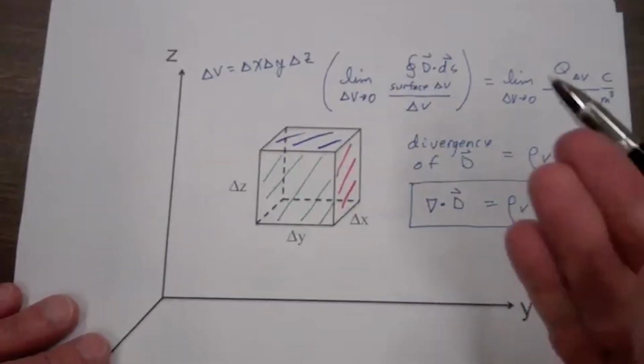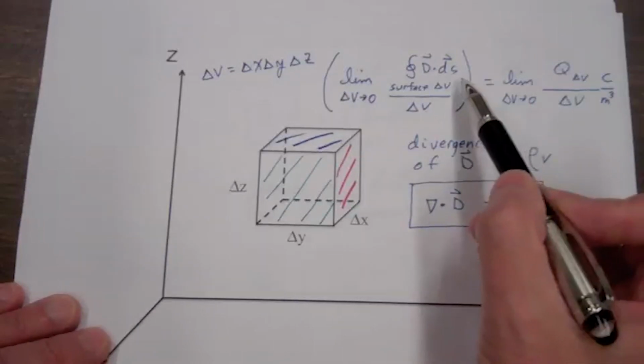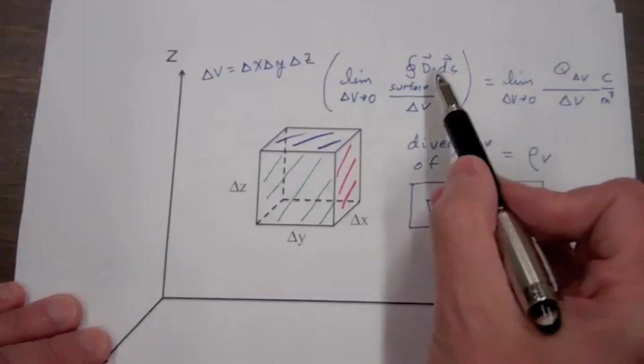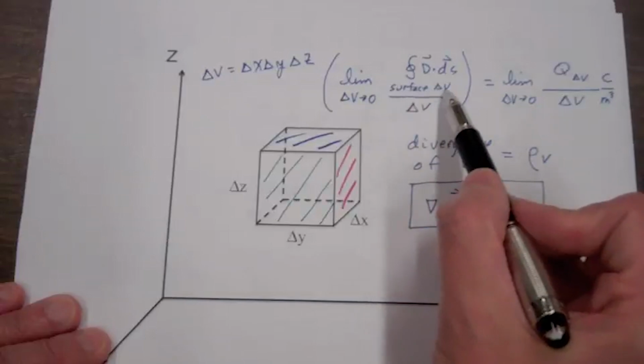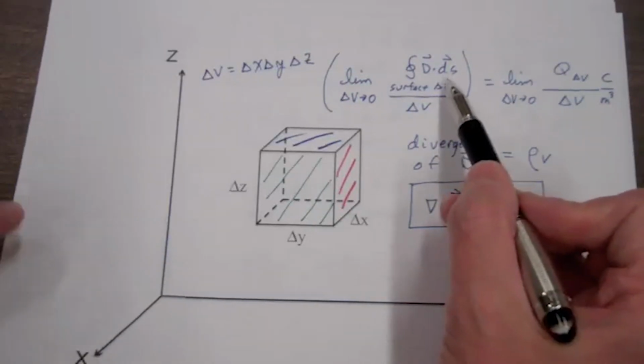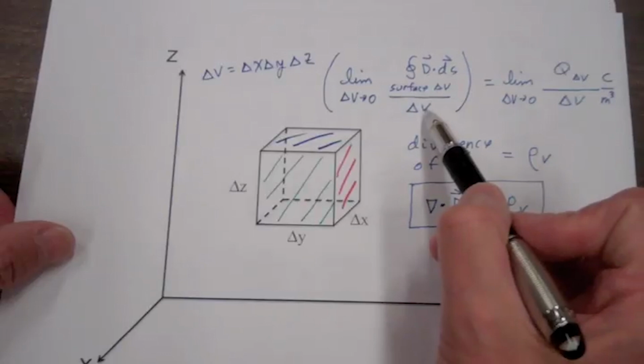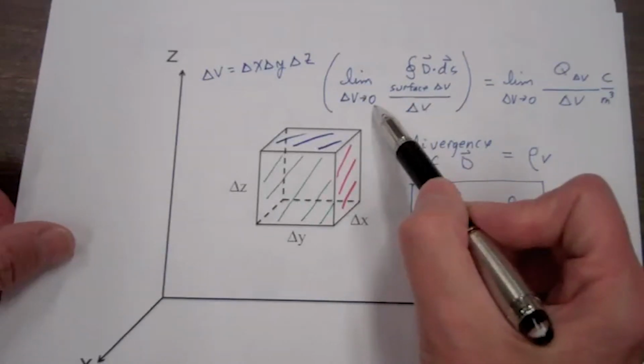Okay, so now let's go to our definition of the divergence of D. So we have the integral of D dot dS over the surface of our cube. Now we're going to take that, divide by delta v, and take the limit as delta v goes to 0.